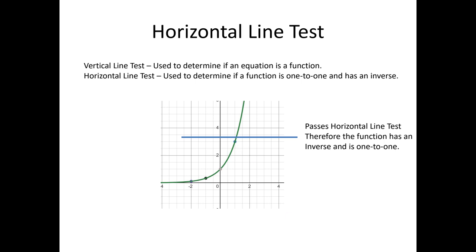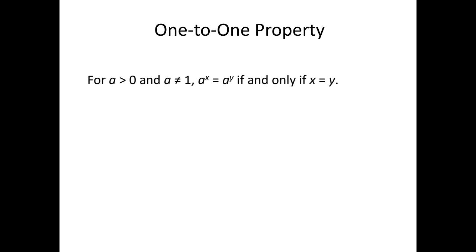The inverse of exponential functions are logarithmic functions, which in a little bit we'll go into to learn more about. For now, one of the most important properties in this whole chapter is called the one-to-one property. The one-to-one property allows us to solve for a variable.